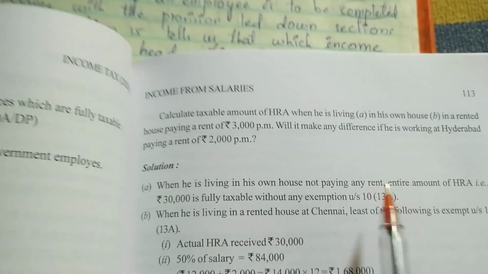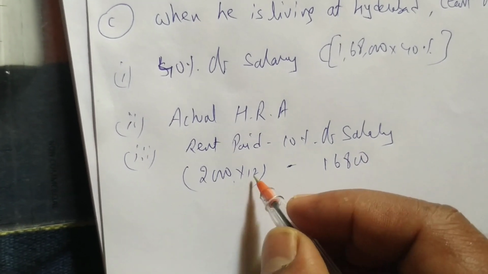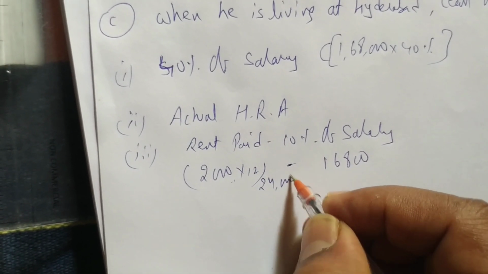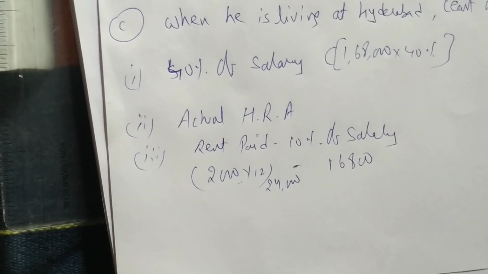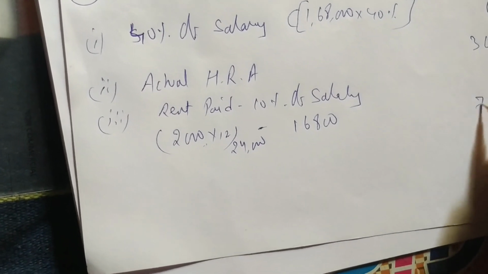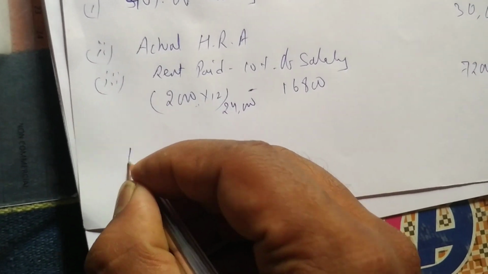He is staying in Hyderabad and paying 2,000 into 12, which comes to 24,000, minus 10% of salary, 16,800. So you get 7,200. Then taxable HRA.